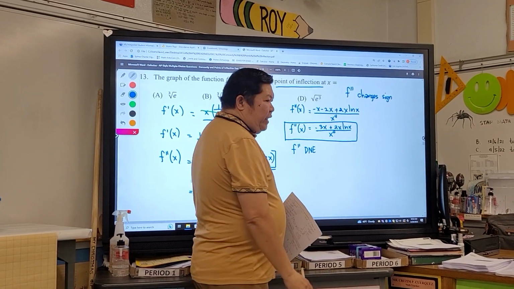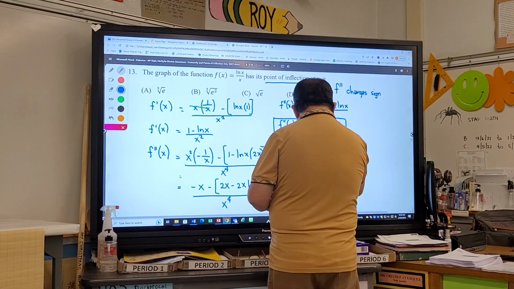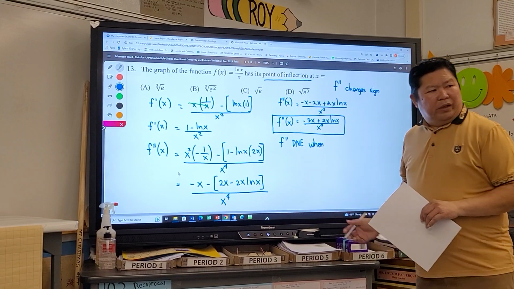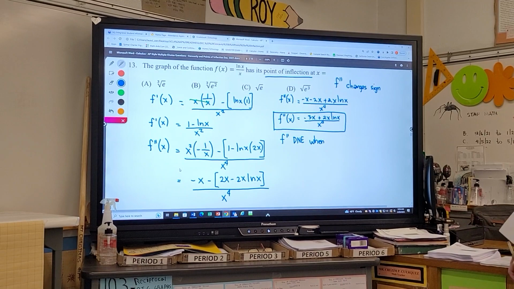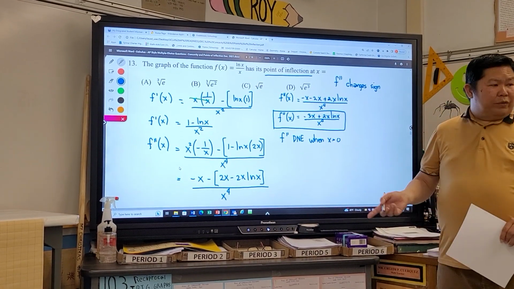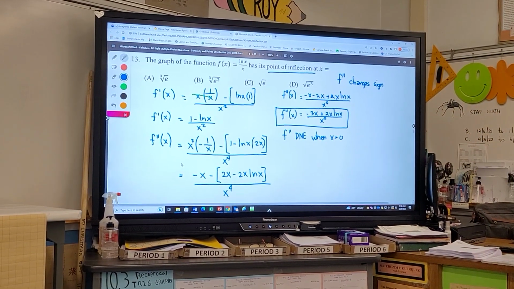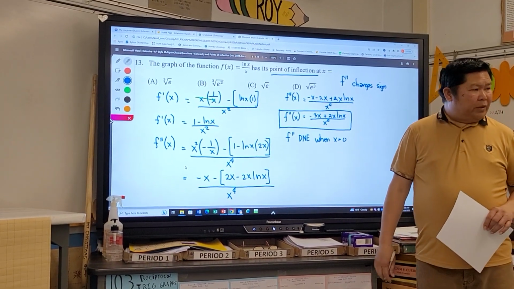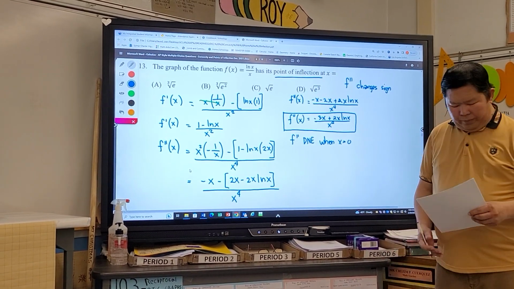What do you mean by DNE? Does not exist. When they say that the double prime is undefined or does not exist, it is when x is equal to 0, right? When x is equal to 0, it doesn't exist right there. Why? If the bottom is 0, that is undefined. So there's no existence of f double prime.